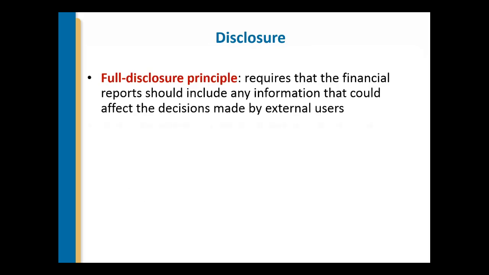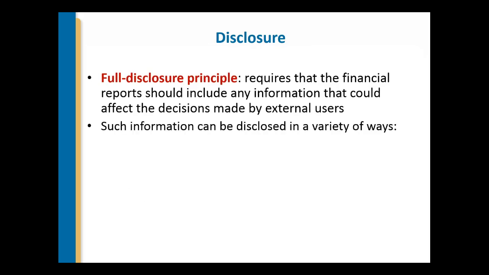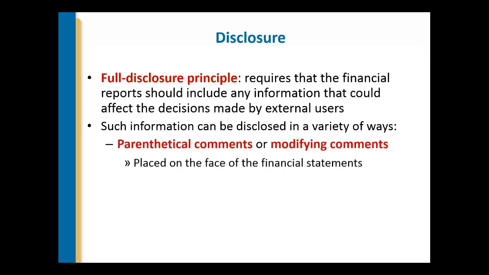The full disclosure principle requires that any information useful to decision makers be provided in the financial statements, subject to the cost effectiveness constraint. Information can be disclosed in a variety of ways. Parenthetical comments or modifying comments are placed on the face of the financial statements.